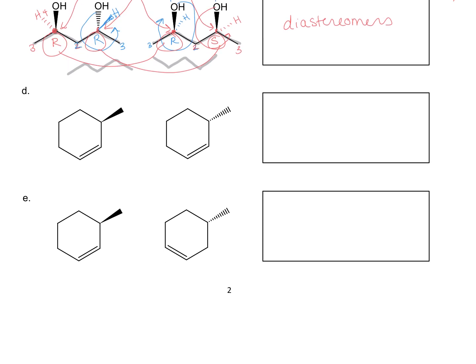Letter D. As we look at letter D, as we're trying to make this general statement: anytime you switch two groups, like if the group is up and then in the next molecule it's down, and you've just switched a hydrogen and that group, then you create the enantiomer.